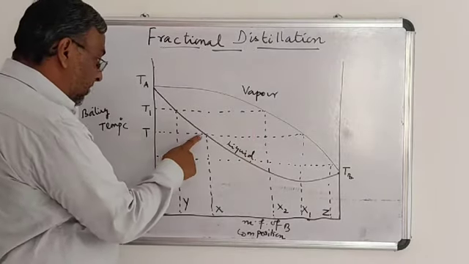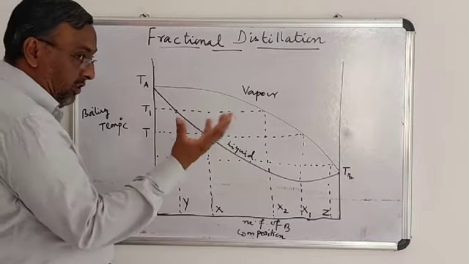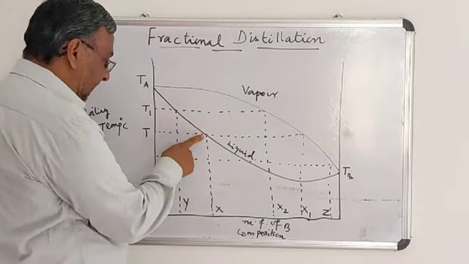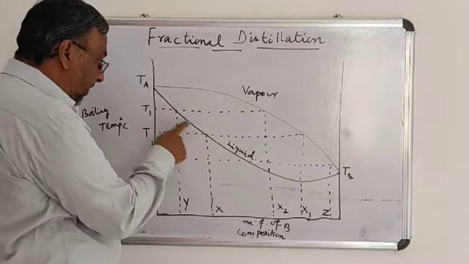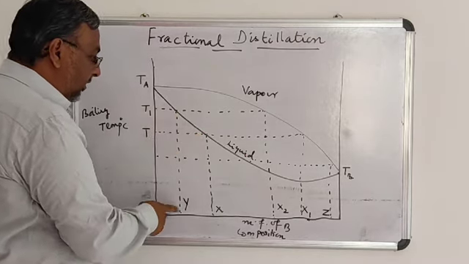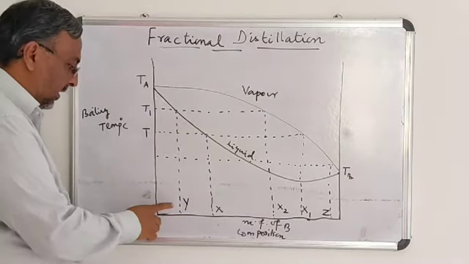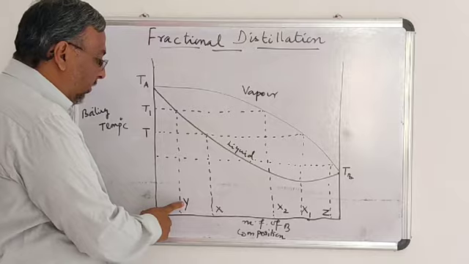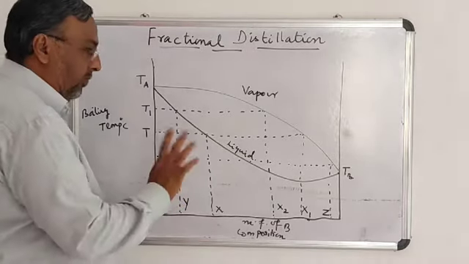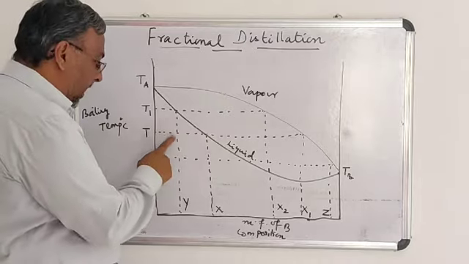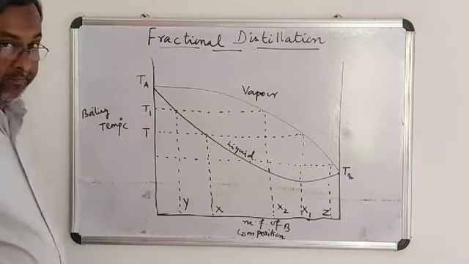And the remaining residual liquid, after condensation, will boil at a different temperature because it will have a different composition. The residual liquid will not boil at the same temperature, but it will boil at a higher temperature, say T1.